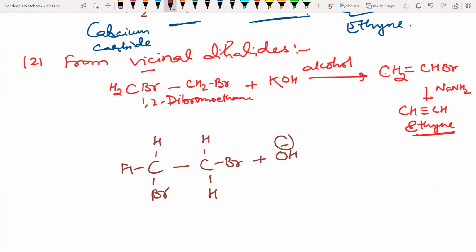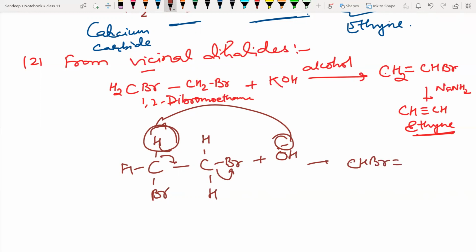So this base actually abstracts a proton from here. If it abstracts a proton, then a negative charge will come here, and this will get removed. This way it will form CHBr double bond CH2. Now this will be treated with sodium amide.